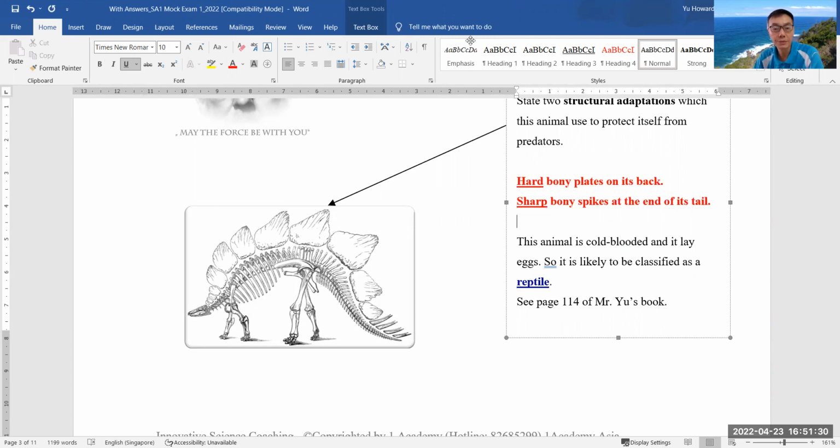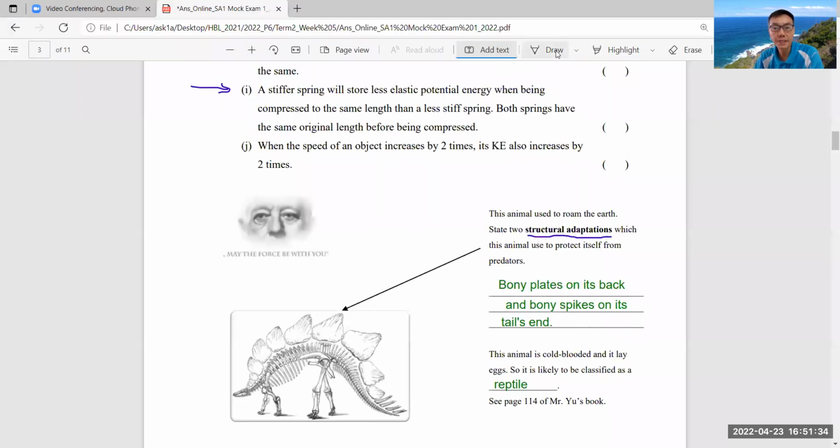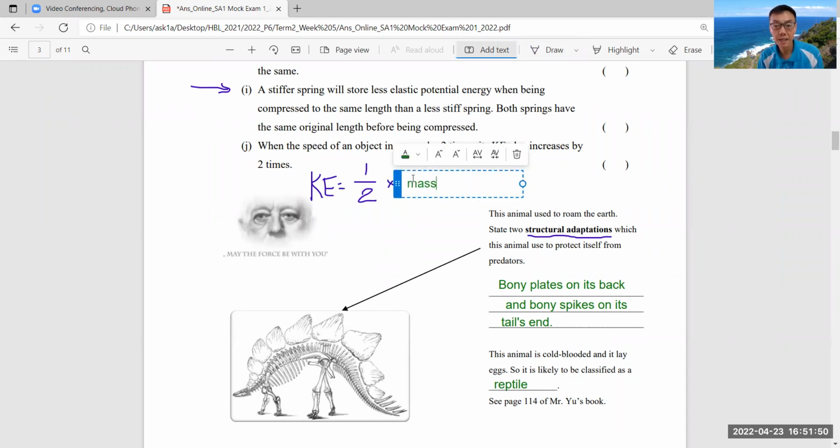Okay, I return back to the question here. As I was saying, the kinetic energy actually has a formula. So you can copy down this formula. Kinetic energy, KE, is equal to half multiplied by the mass of the object multiplied by the speed.